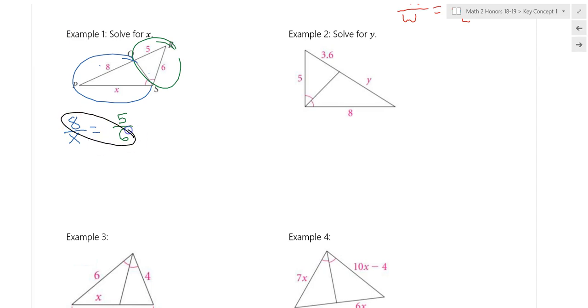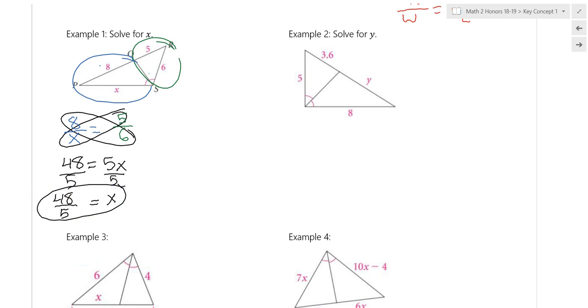So 8 times 6 is 48. 5 times x is 5x. Divide by 5. X equals 48 fifths. That does not reduce. You could also give the answer as 9.6, if you have decimals.